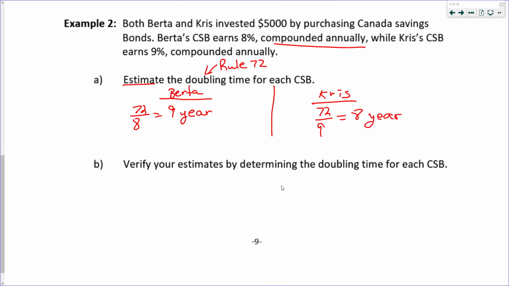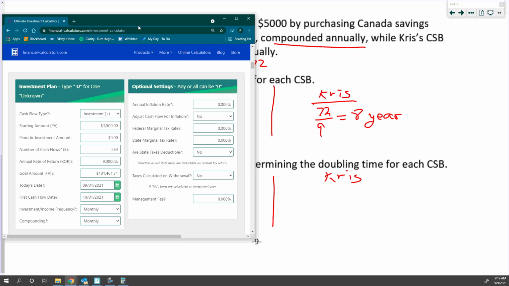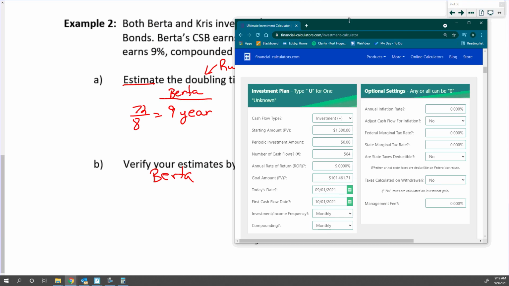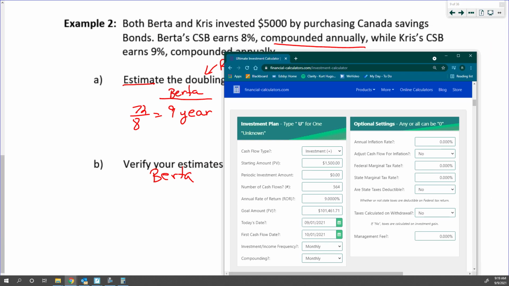Okay, so to finish off, we're just going to verify that we are correct with this. And just for time's sake, I will do this on the financial calculator. So we're investing 5,000 at the beginning.